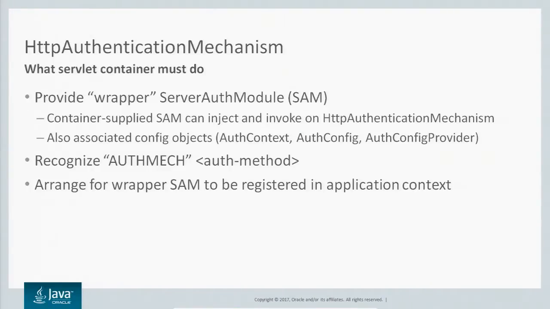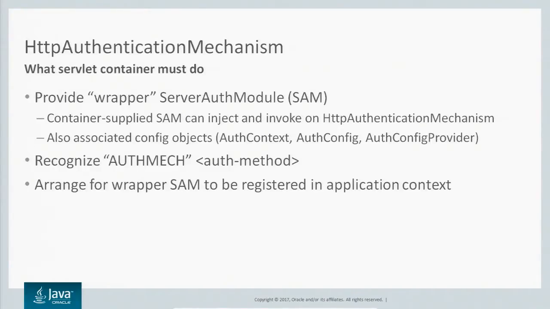The container is responsible for doing some things for you for HTTP authentication mechanism. One is that it provides a wrapper server authentication module. Basically this is a JASPIC SAM whose job it is to invoke the HTTP authentication mechanism that it injects through CDI. It's a standard thing. It can deal with any HTTP authentication mechanism because the interface is the same.